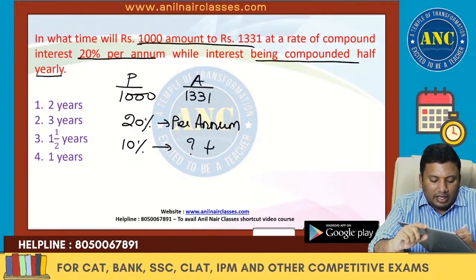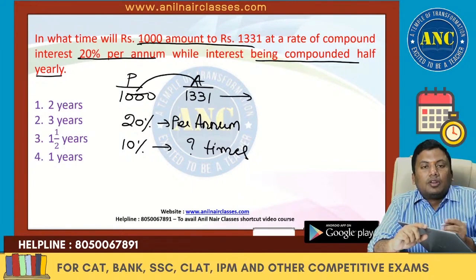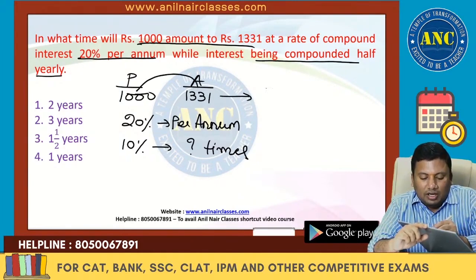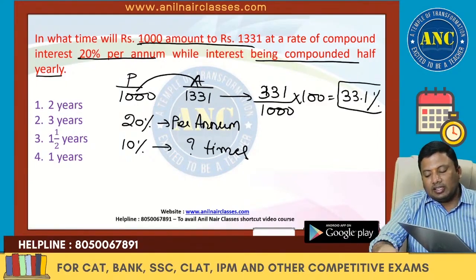Done how many times to get 1331? 1000 is becoming 1331. So excess is nothing but 331 divided by 1000 into 100, which is 33.1%.